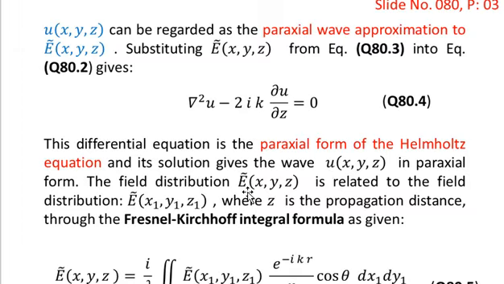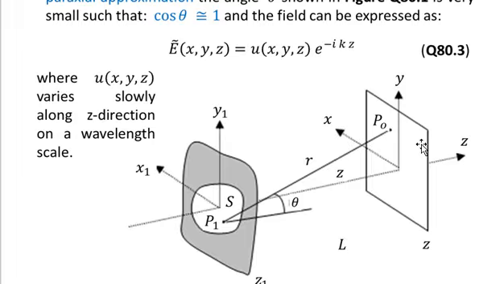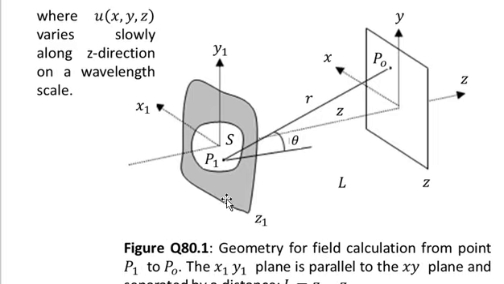The field distribution E prime of xyz is related to the field distribution E prime at the input plane x1, y1, z1, where z is the propagation distance, through the Fresnel Kirchhoff integral formula. So we can relate the two fields, that is the field E prime at the z plane can be related to the field at the input plane z1.